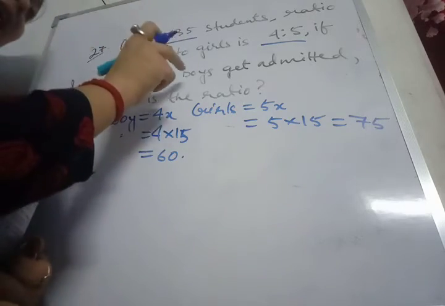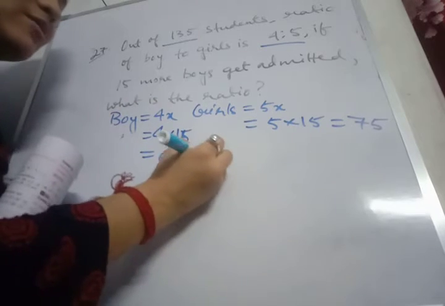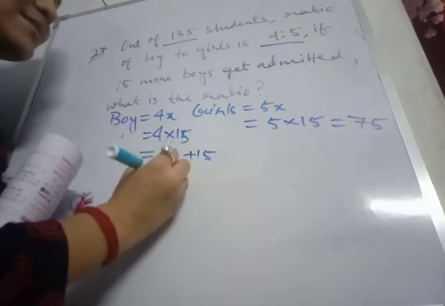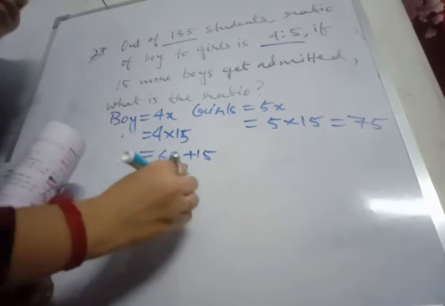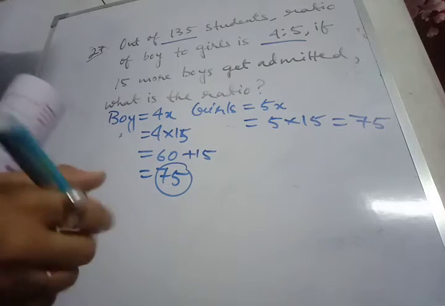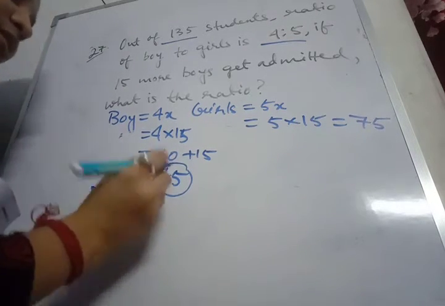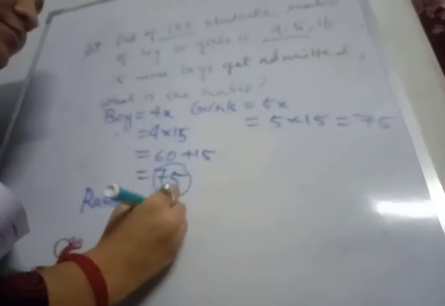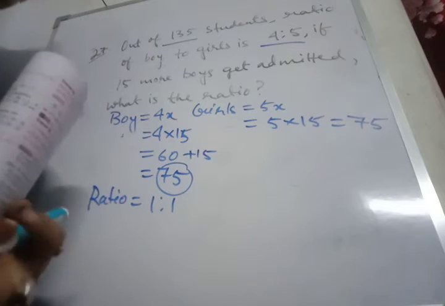Girls number remains same. So 60 plus 15 we get boys number as 75. Girls number remains as 75. So what will be the ratio of boys to girls? 75 is to 75 means it will be 1 is to 1. This is my new ratio after addition of 15 more boys.